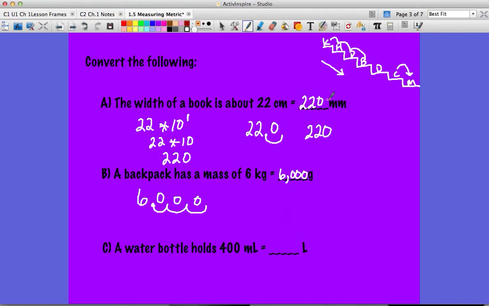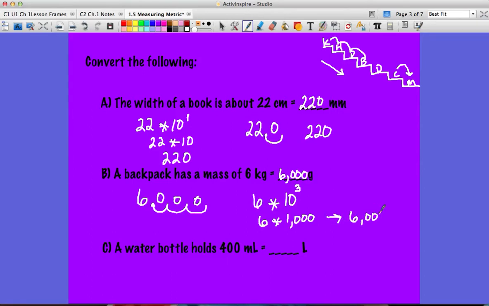Now, movements like these, from centimeter to millimeter or kilograms to grams, these should be fairly common for you. And you should always know that if you're going from kilogram to gram, because we're taking the 6, and we know we have to multiply it by a power of 10, in this case, like I said, we're moving 3 stairs, so it's 10 to the third power, which means we're taking 6 times 1,000, which in turn gives us the 6,000.